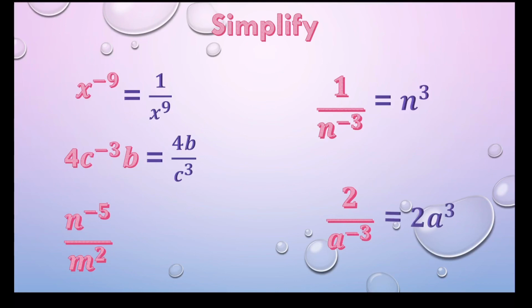I want to make it positive by moving it down. But my m squared is positive. Don't move it. You want to leave it where it's at. Because if you move that m squared, guess what? You would have made it negative. So we only move those exponents that are negative. Does that make sense? Okay.